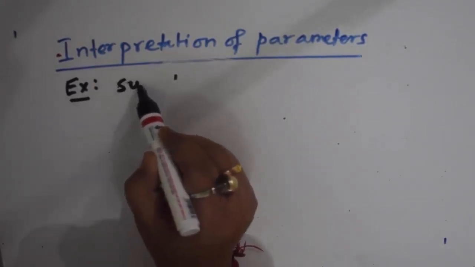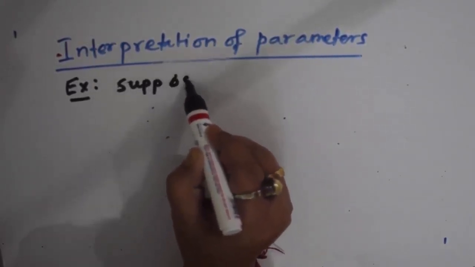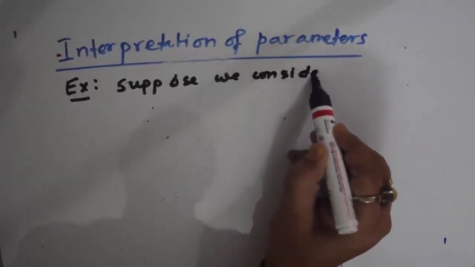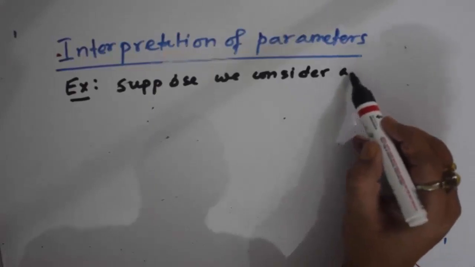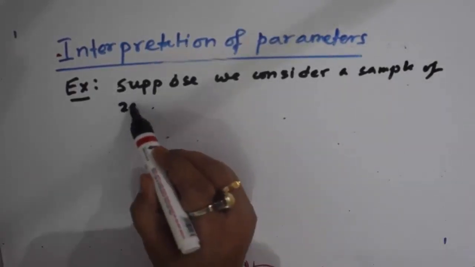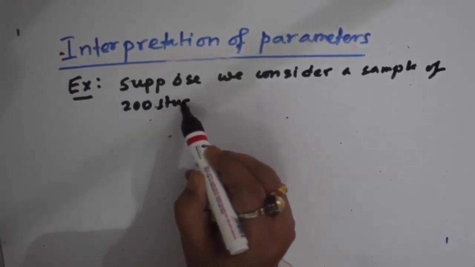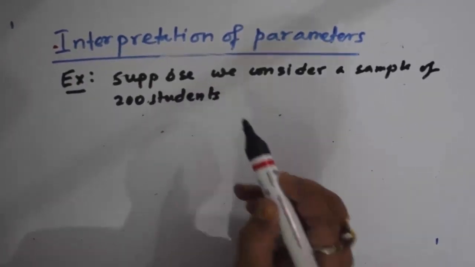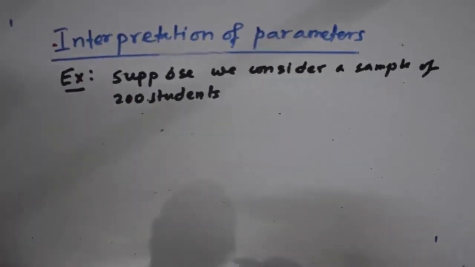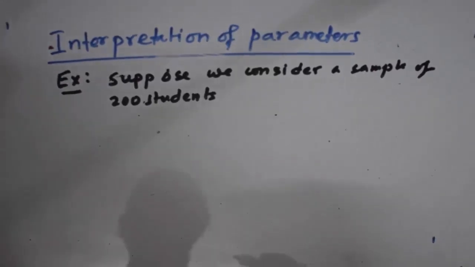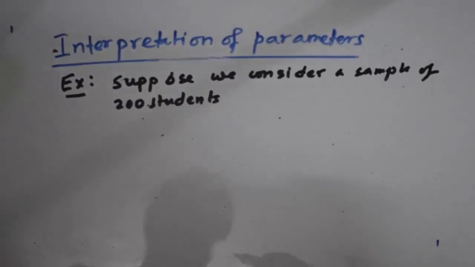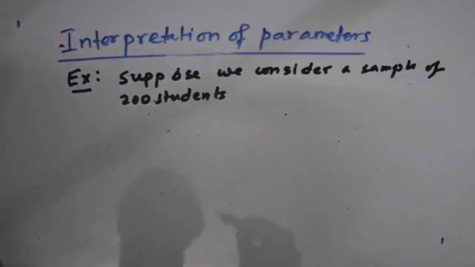Suppose we consider a sample of 200 students in a university and take two observations from each student.